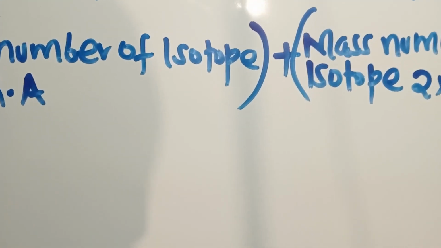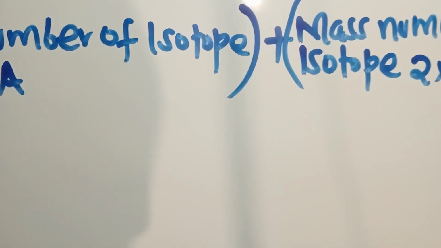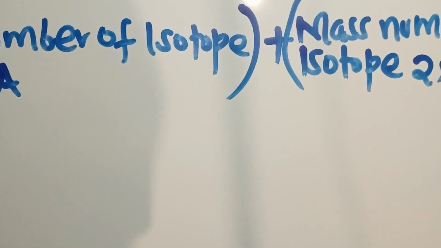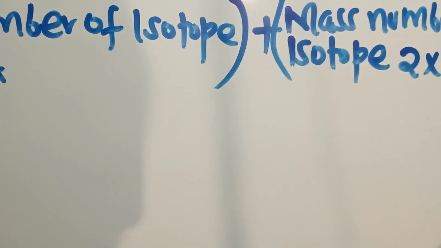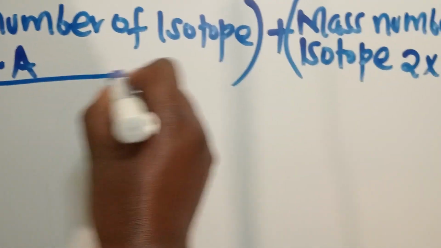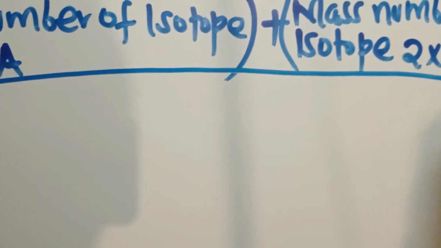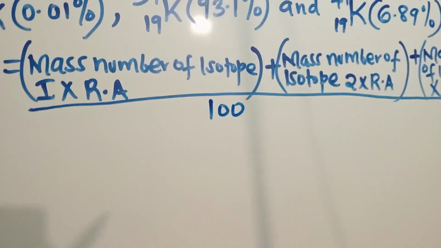So mass number of isotope 3 multiplied by the relative abundance. Again, put that one into bracket, and all of them together we divide by 100.